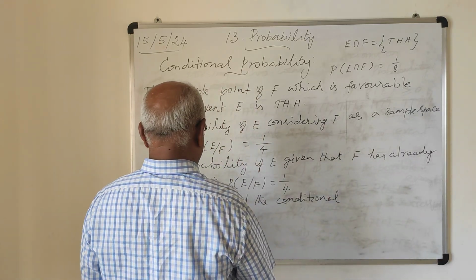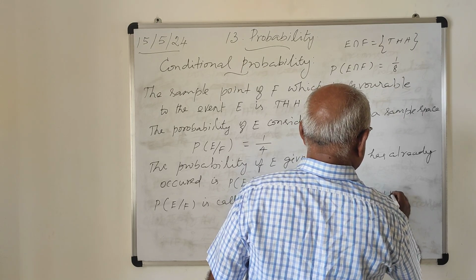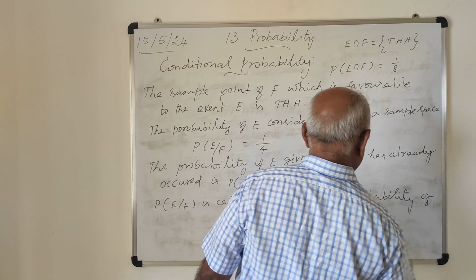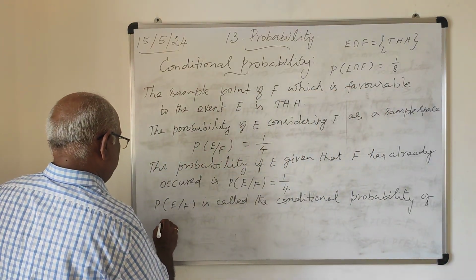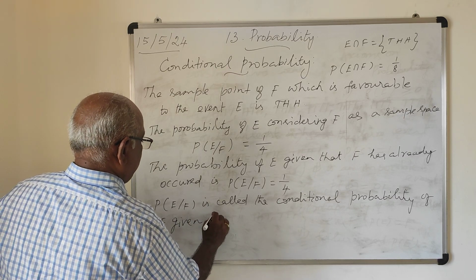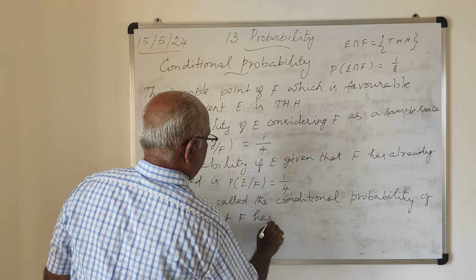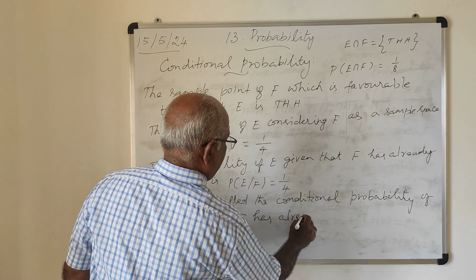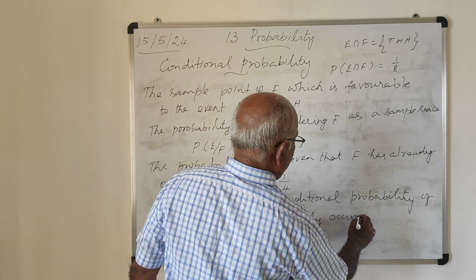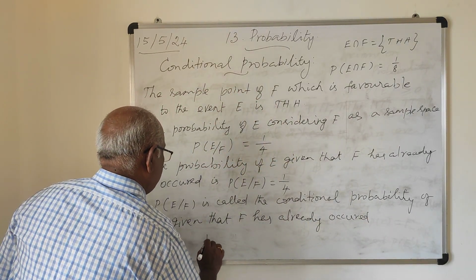P of E by F is called the conditional probability of E, given that F has already occurred.